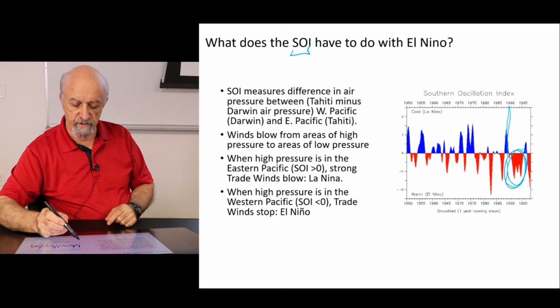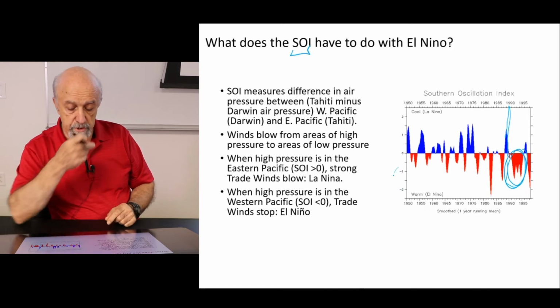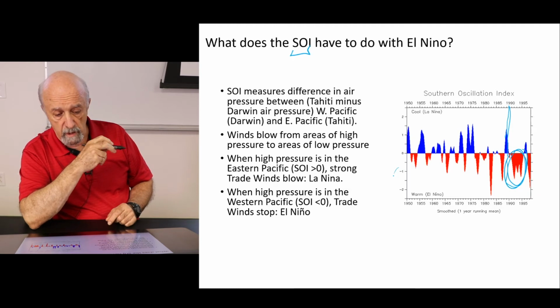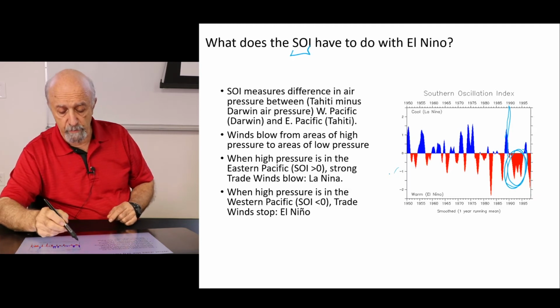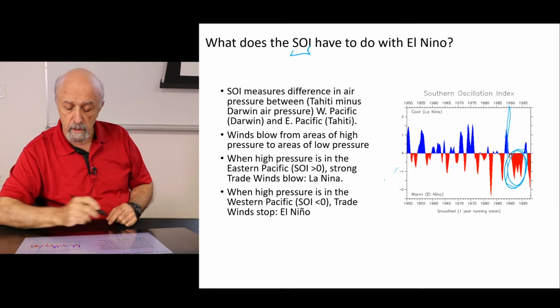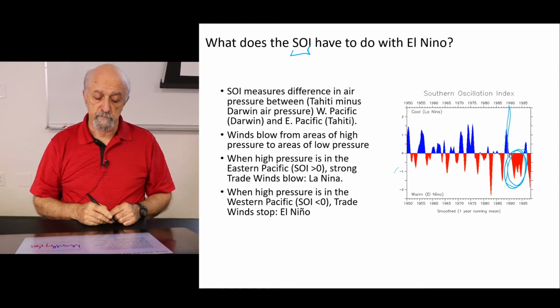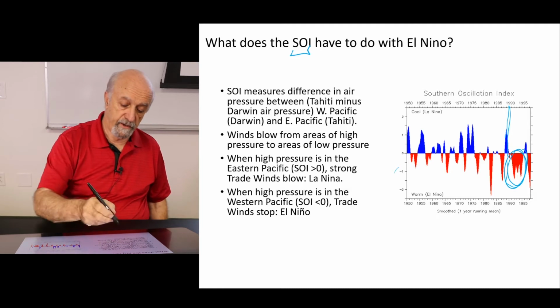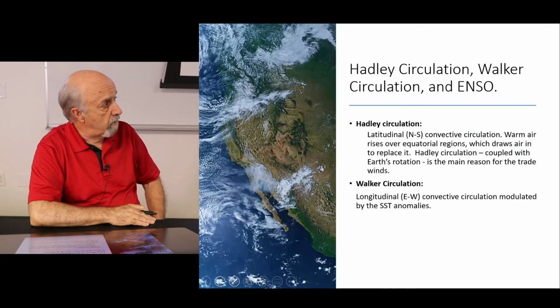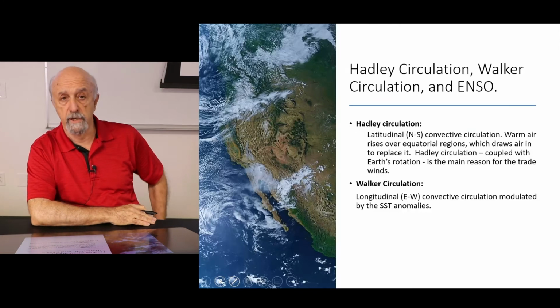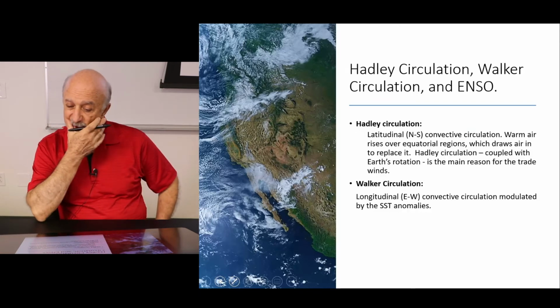And the pressure index is negative, meaning we have less pressure in Darwin than in Tahiti, and vice versa. So this Southern Oscillation Index is something we use right now to predict El Niño events.